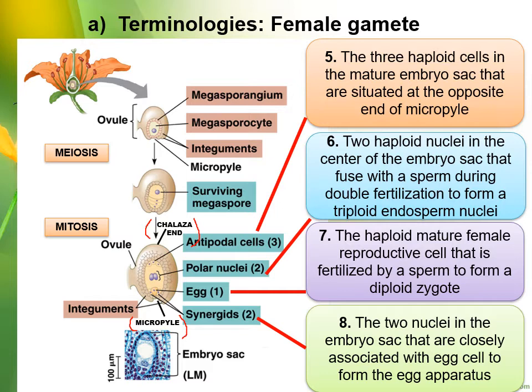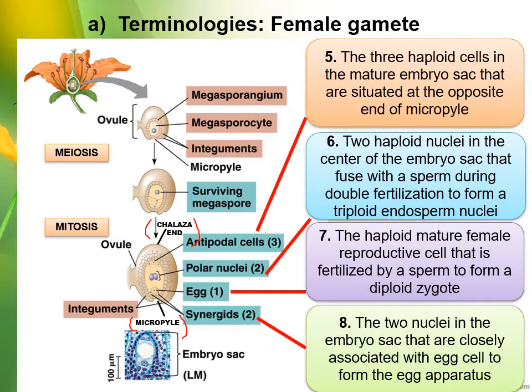Now let's look at number 6, which is polar nuclei. Polar nuclei is the 2 haploid nuclei in the center of the embryo sac that fuse with the sperm during double fertilization to form a triploid endosperm nuclei. Number 7 is egg cell.